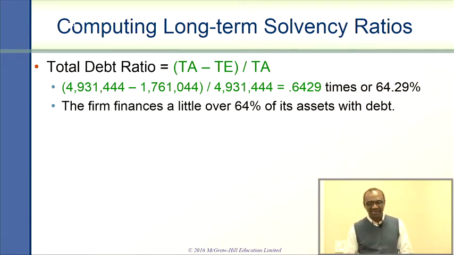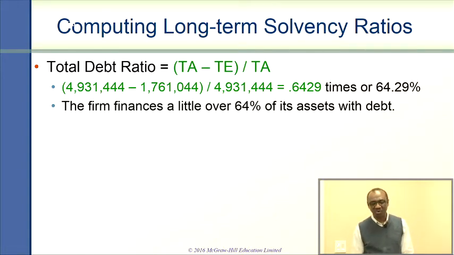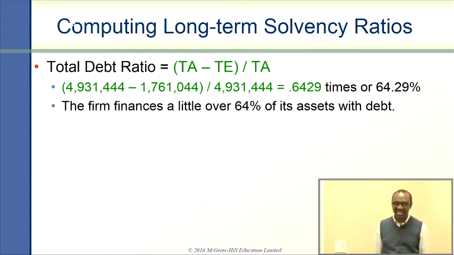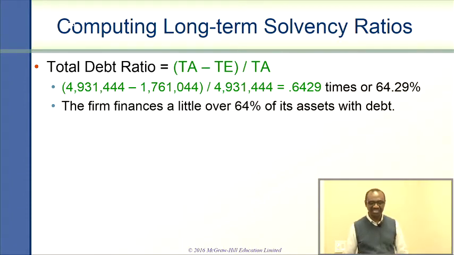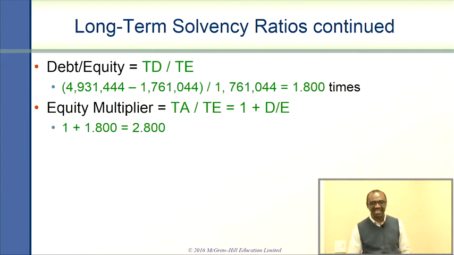So the difference from 100% simply means 64% of the financing of the company is through debt, and 36% is by equity. That's the ratio in terms of capital structure. Another one we talk about is debt to equity.